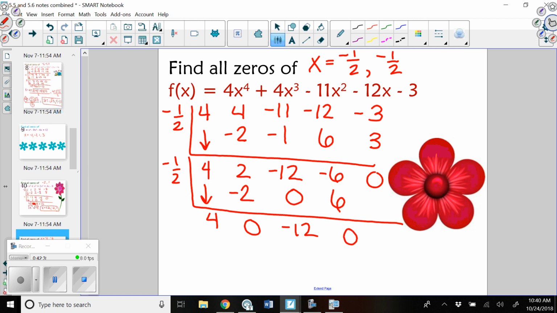And there's my 0. All right, so I started x to the 4th. I did synthetic twice, so I'm down to an x squared. So 4x squared plus 0x minus 12 equals 0. What don't I need? Yeah, if you have a 0 anything in there, it kind of gets in your way when you're thinking about solving. So really I have 4x squared minus 12.